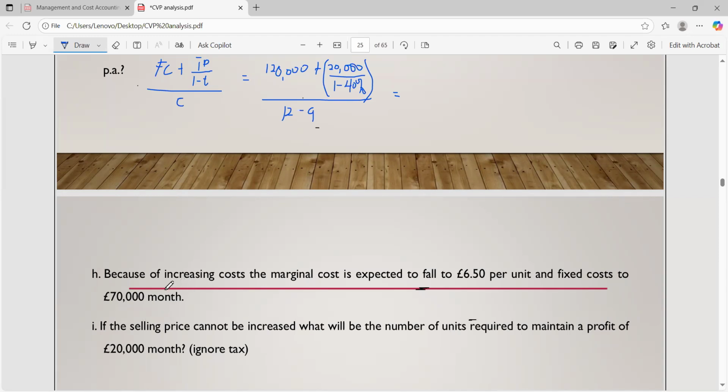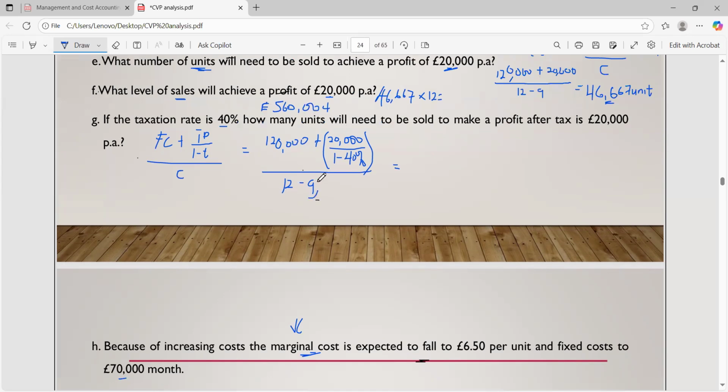So here, they are just telling you that another name for marginal cost is the variable cost. So variable cost, which used to be 9, is now falling to 6.5. But sales is the same. But then fixed cost had also changed. So usually fixed cost over sales minus variable cost.